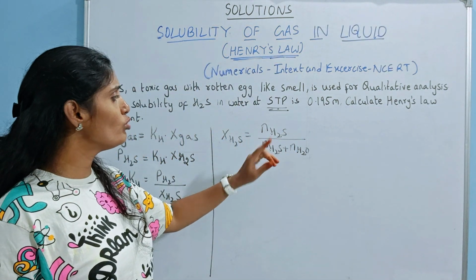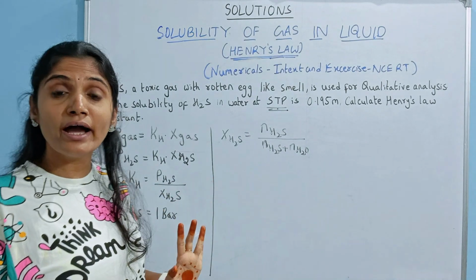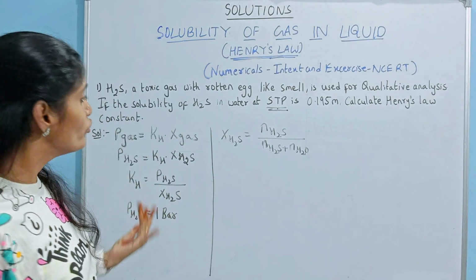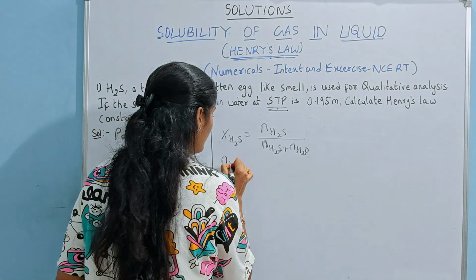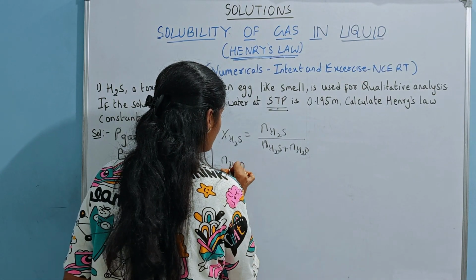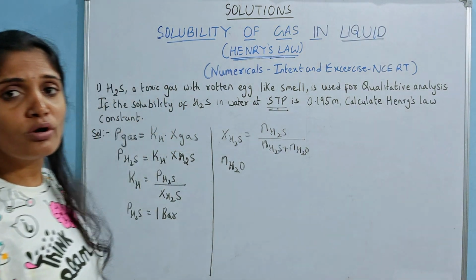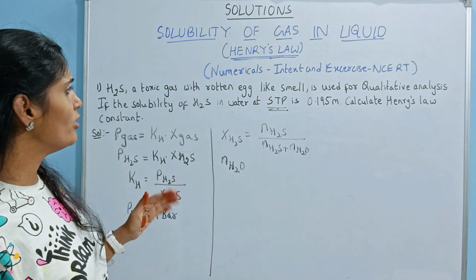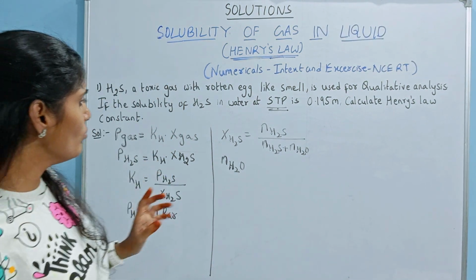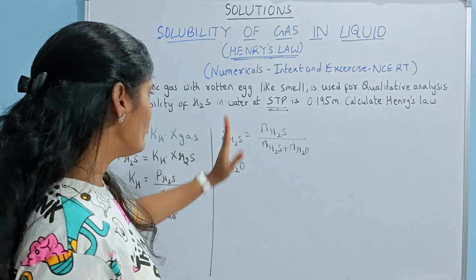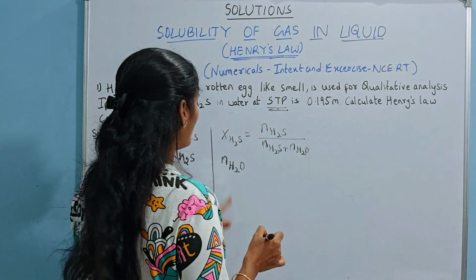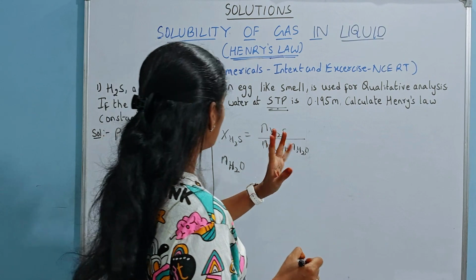Here do I have the number of moles of H2S and number of moles of water directly given for us? No. So first let me find out the number of moles of water. Number of moles of water is equal to weight of water divided by molar mass of water. In a similar way we can find out the number of moles of H2S also.